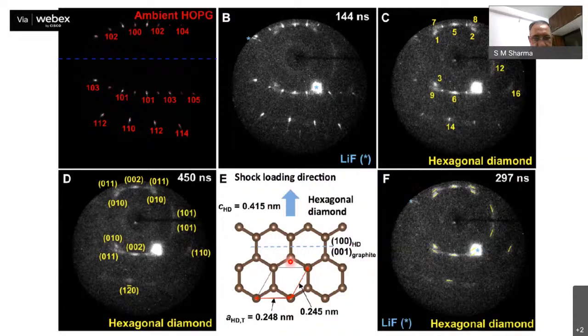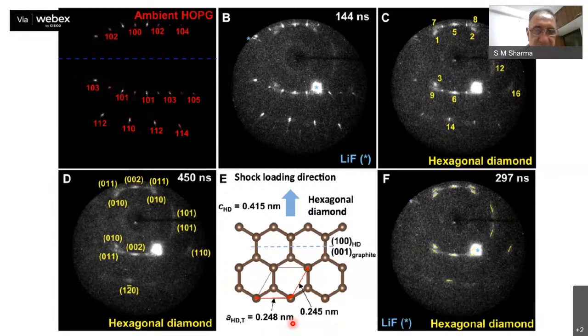What is very interesting in this result is not only that the Laue spots are hexagonal diamond. If you analyze it very carefully, this direction of the hexagonal diamond has slightly smaller dimensions, 2.45 nanometer compared to this 2.248 nanometer, indicating that the 100 direction of the hexagonal diamond was uniaxially compressed when it was formed.